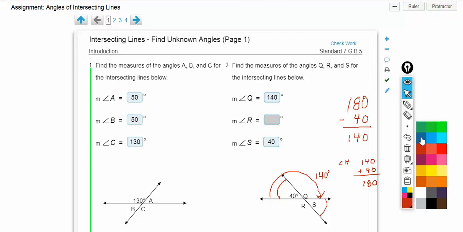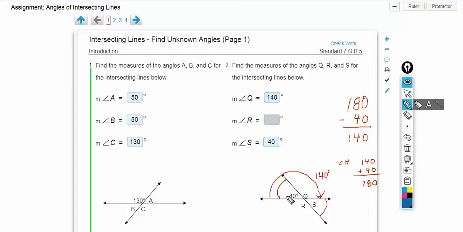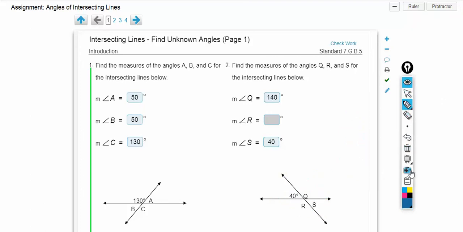And then if I look at angle Q, this angle here, which is 140 degrees, and angle R. So we said Q is 140 degrees, and this right here is angle Q, which is the vertical angle to angle R, so R has to be 140 degrees.